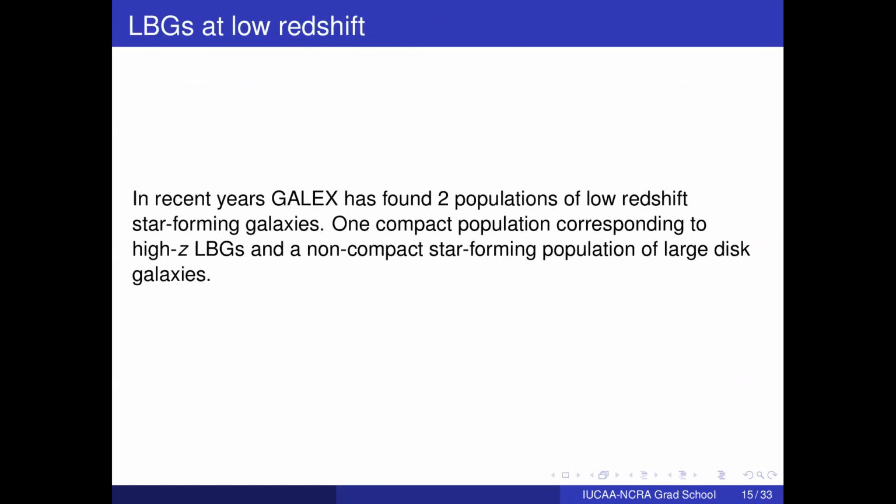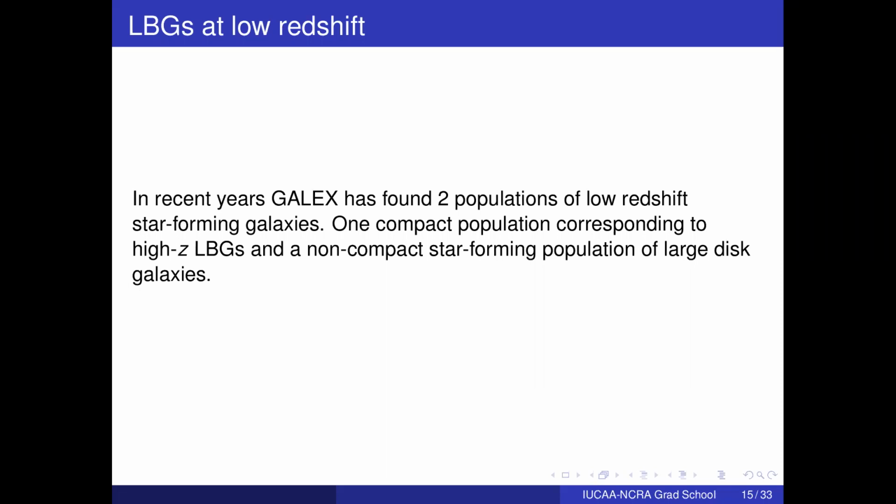But a little bit you can do at very low redshift, where you can find vigorously star-forming galaxies. So there is the GALEX space telescope, a small telescope, comparable to UVIT in terms of its size.